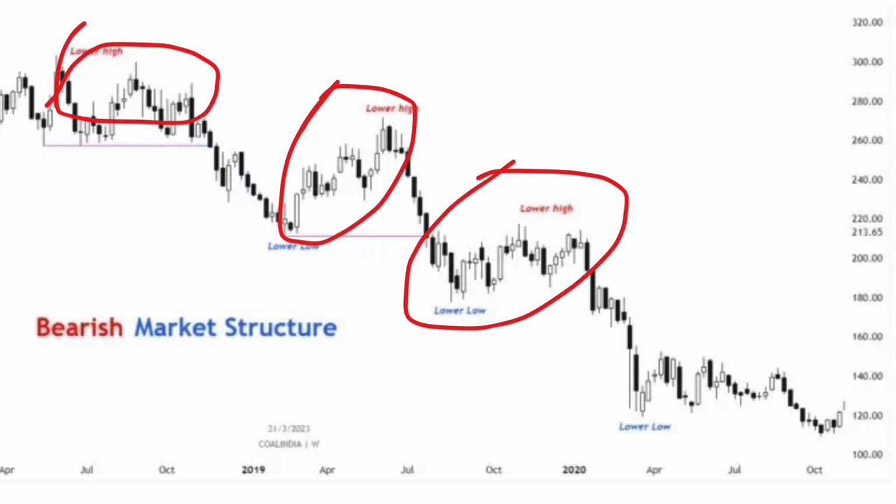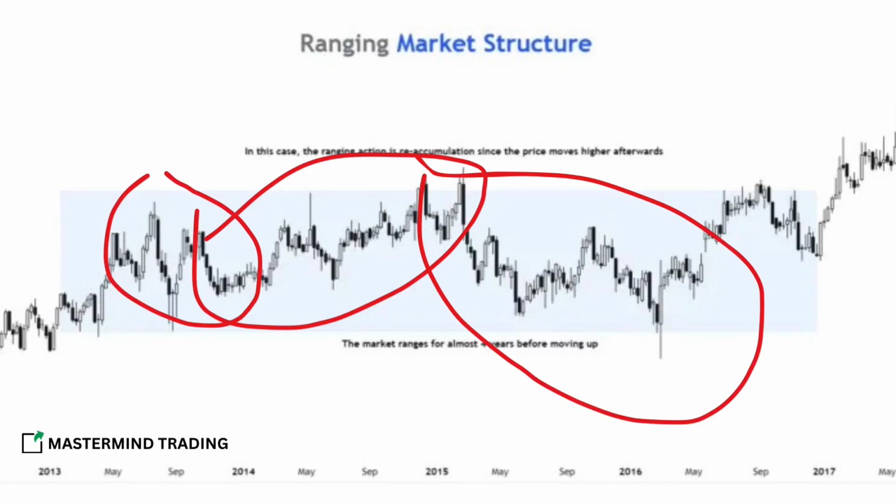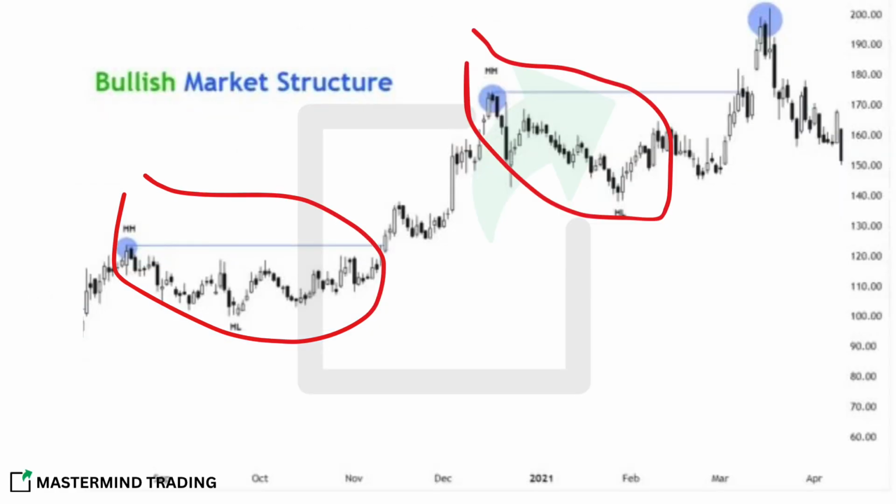In this downtrend, whenever there's a pullback before the break of structure, there's usually a smaller uptrend. You can find the smaller uptrend within the downtrend. And in this market range, you can find both smaller range uptrends and downtrends. And in this uptrend, we can find both a range and then a downtrend, and even smaller uptrends.